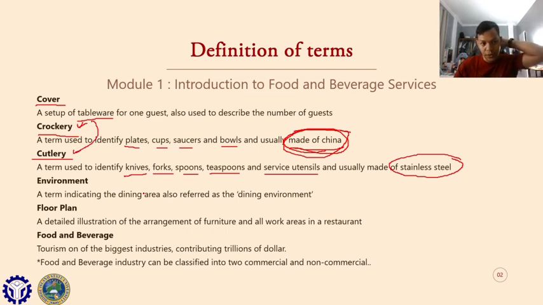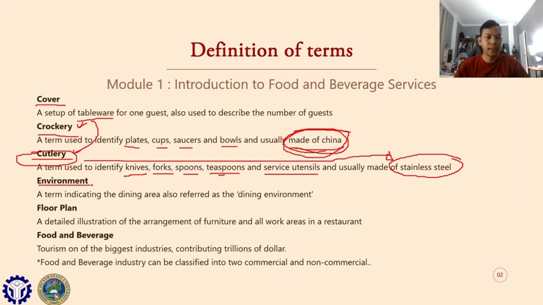The spoons, forks, knives, teaspoons, and service utensils are called cutlery. The cutlery is usually made of stainless steel, right? Again, the plates, cups, saucers, and bowls are made of chinaware.